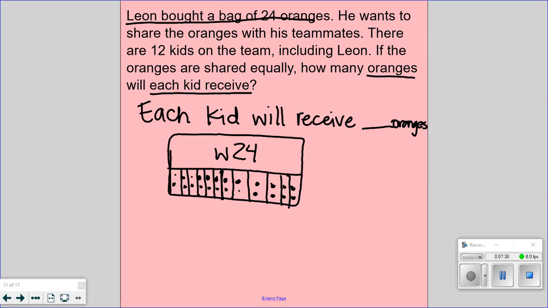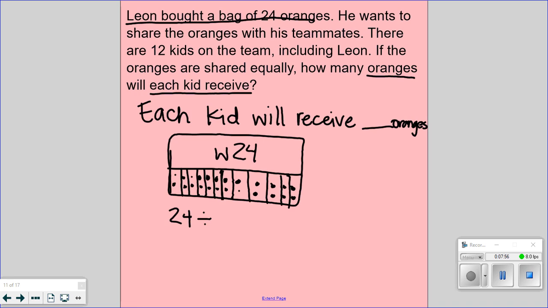Okay, so we did 24 things, right? What does that division symbol mean? We wrote it in our notebook yesterday. 24, Heidi? Sharing groups. We did 24 put into how many groups?